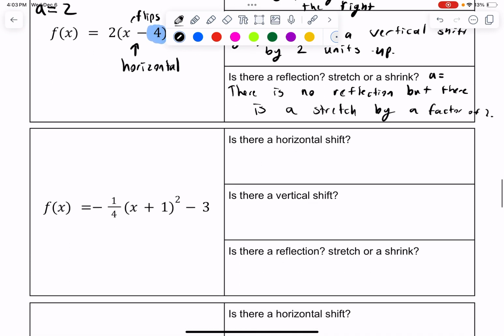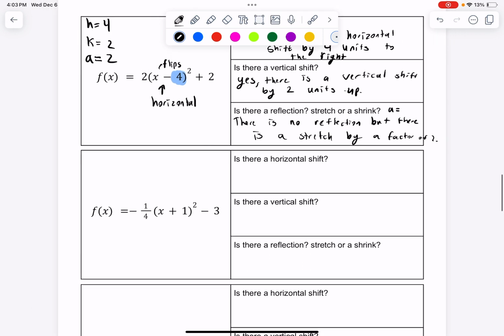So I want you guys to try this next one on your own. So using the information from up above, I want you guys to try the next one on your own and check with me if you get the right answer.